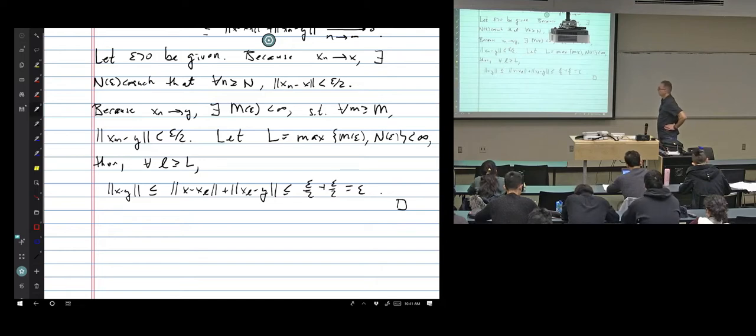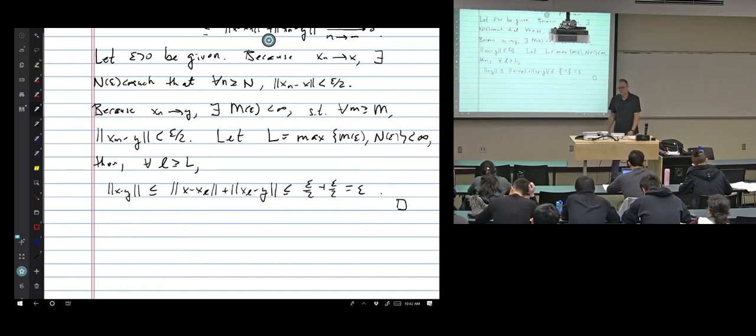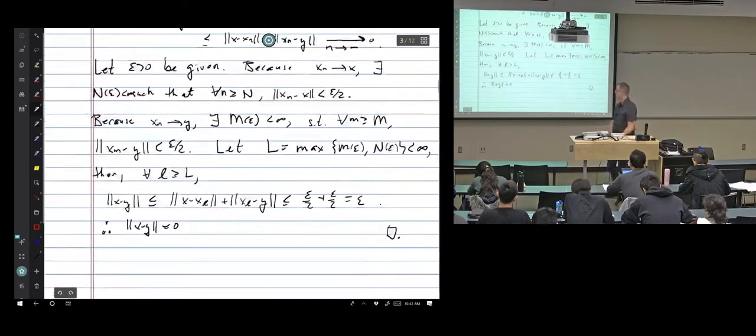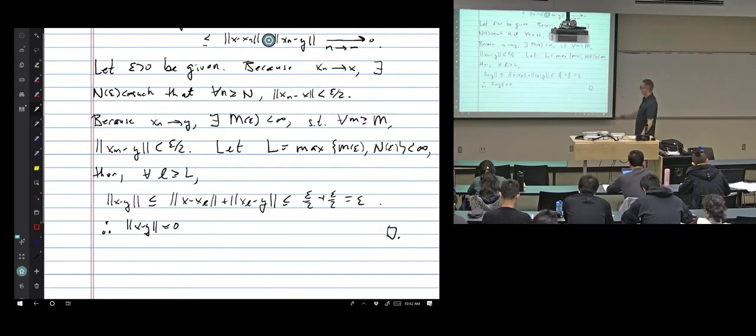Okay, so why does that imply that the norm of x minus y is 0? Because 0 is the only real number that is less than or equal to every positive real number. So, yes, I should have put this down before I put down my little square bracket. Now we're done. So the difference between the two limit points is actually 0.